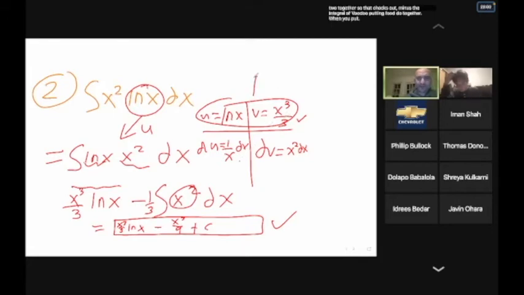When you put v du together, it's 1 over x times x cubed over 3. So when I put it together, I simplified. x goes into x cubed x squared times. So it's minus 1/3 the integral of x squared. Then I found the antiderivative here, which becomes x cubed over 3, but you're multiplying by the 3 on the outside, giving us x cubed over 9.